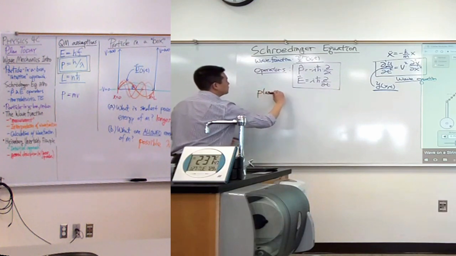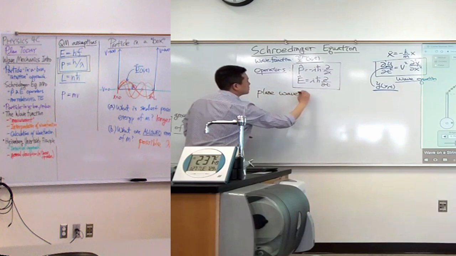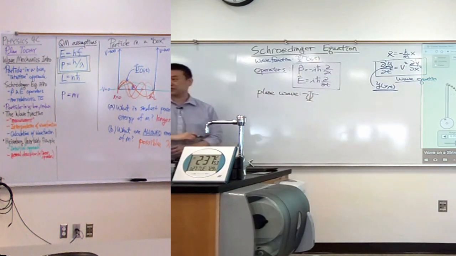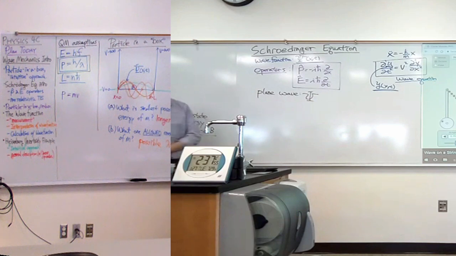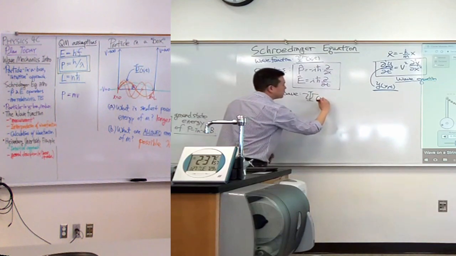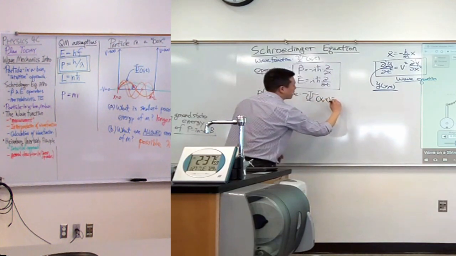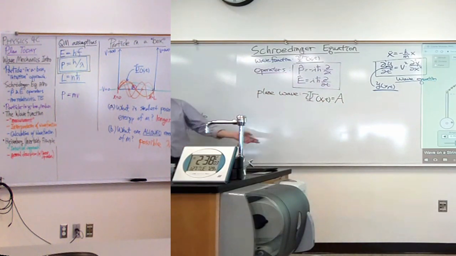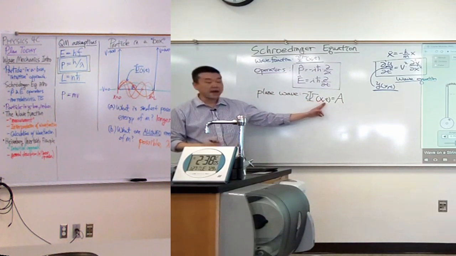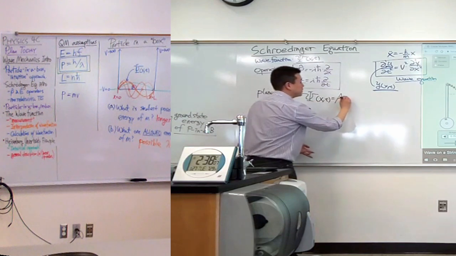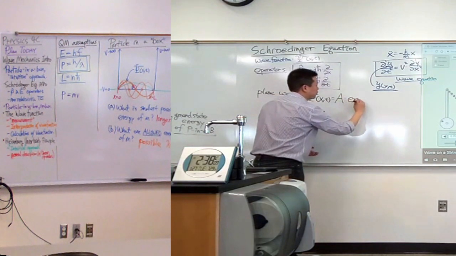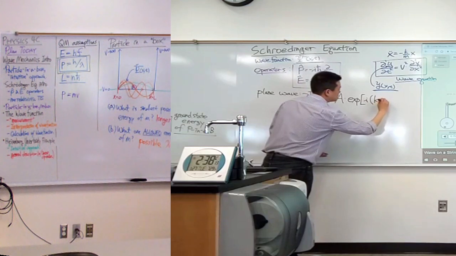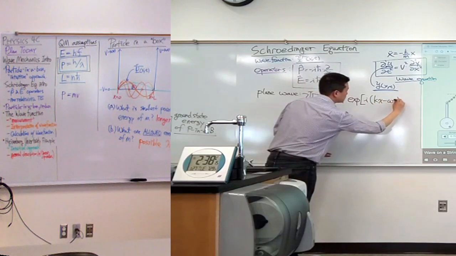Plane wave. This psi. Let me use the complex exponential notation because there's no way around it. This plane wave has some kind of amplitude A, and it is a function of position and time in this form: A times the complex exponential of i(kx minus omega t).